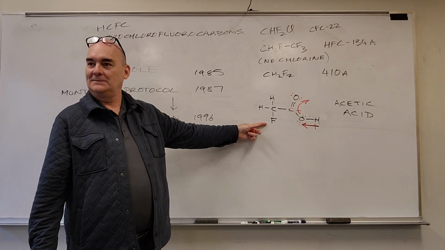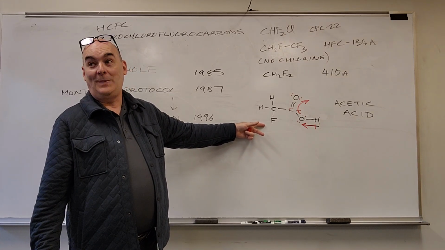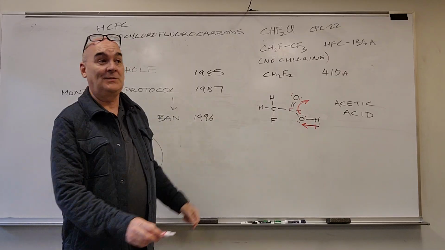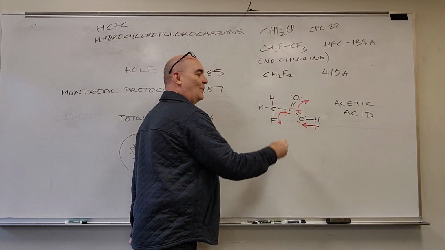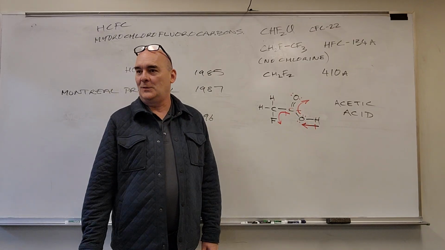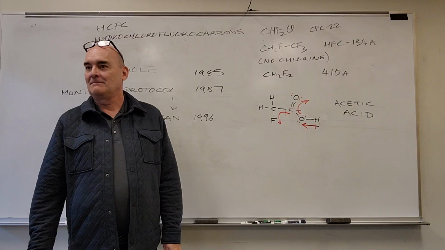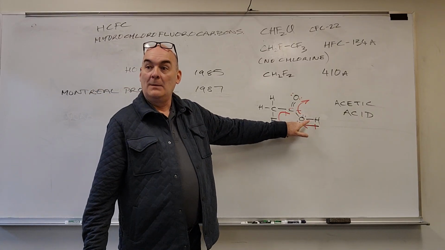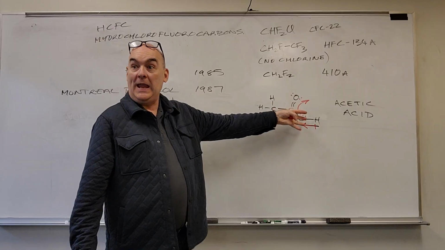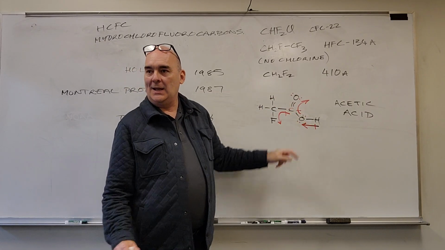What's this fluorine doing? Is fluorine electronegative? You betcha, it's the most electronegative atom that there is. So it's also pulling electrons away. Did I just make the molecule more acidic or less acidic by putting a fluorine in it? I've weakened this bond. By pulling electrons away from this bond, I weaken it.